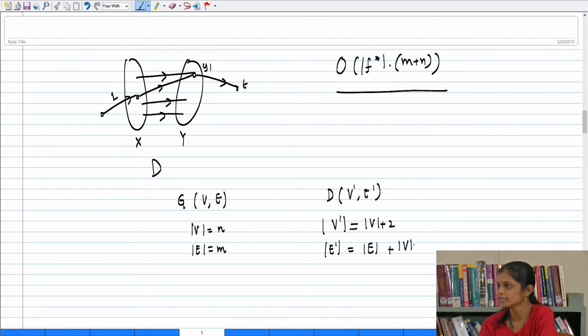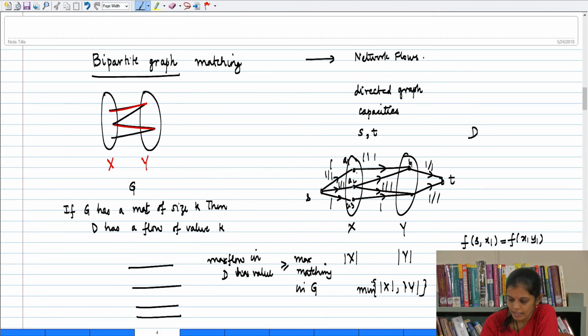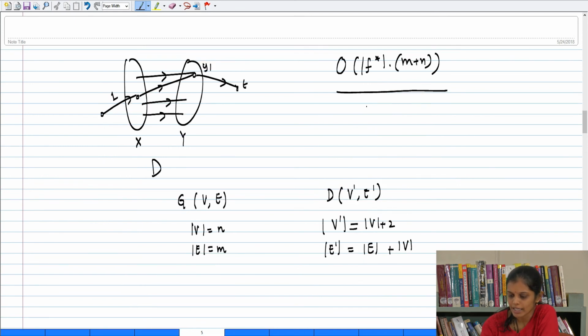So we have not increased the size of the graph too much. And then what is the value of the max flow? We agreed that the value of the maximum matching, or the value of the max flow in such a network, is always upper bounded by the min of the cardinalities of X and Y. So in fact one can upper bound the value of the max flow by V, the number of vertices in this original graph, which is slightly weaker.